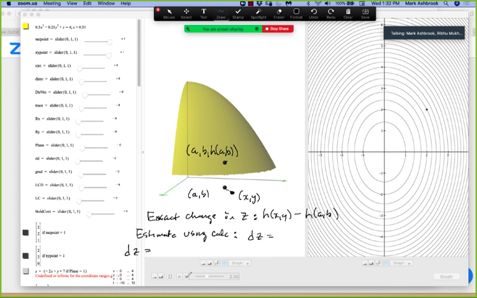So it goes back to, how do our partial derivatives give us changes in z? Because it's tangent to the surface at that given point, right? Okay, but how do we actually do it?